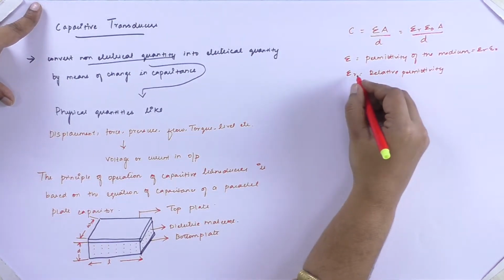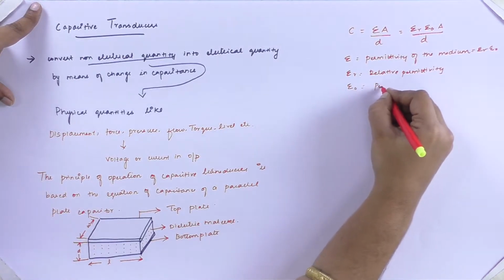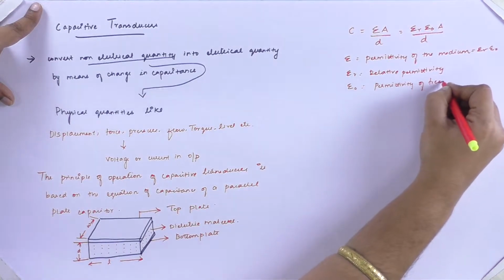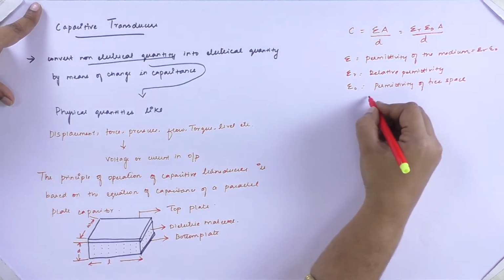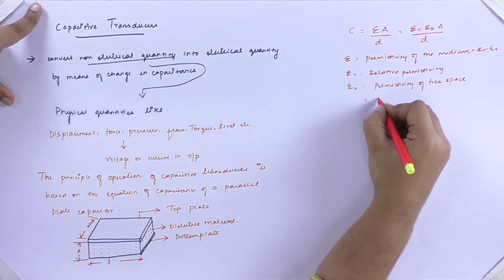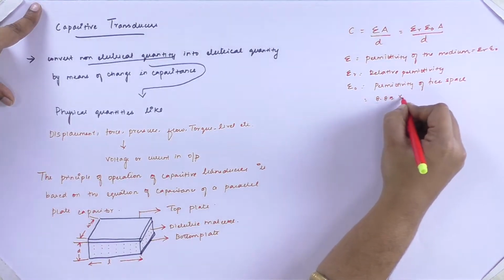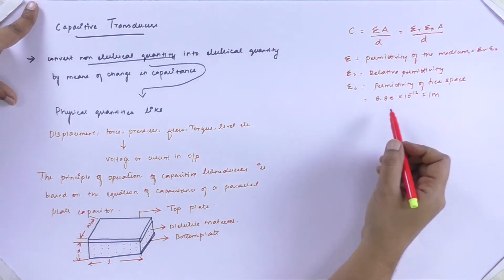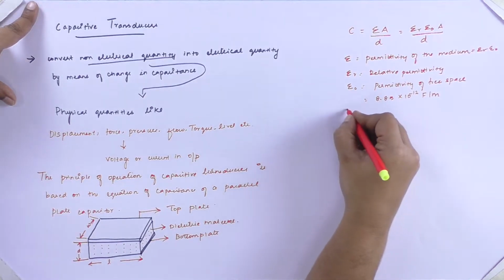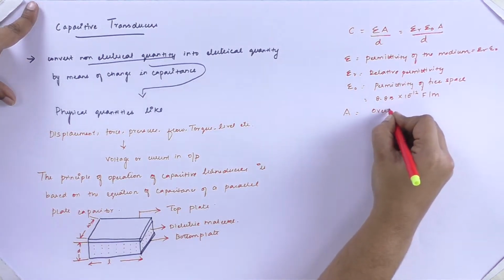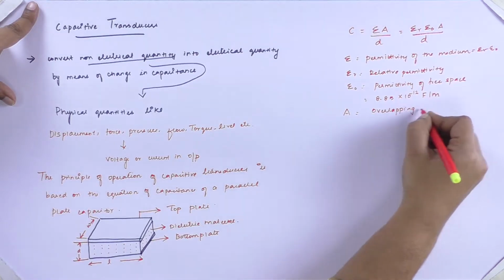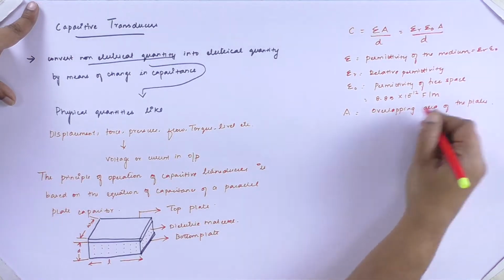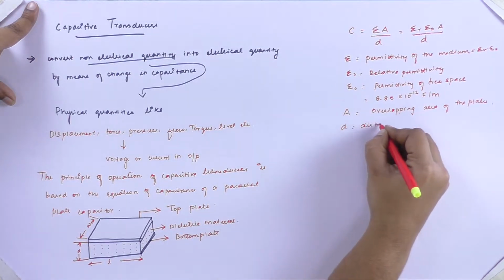Epsilon r is the relative permittivity, and epsilon naught is the permittivity of free space, given by 8.85 into 10 power minus 12 farad per meter. A is the overlapping area of the plates and d is the distance between the plates.